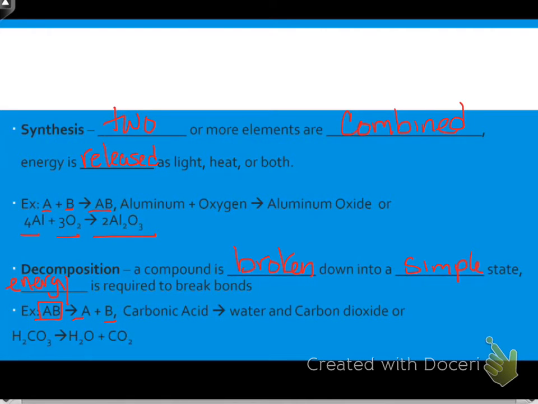Looking at the equation below, if you have carbonic acid, which is H2CO3, and you break it apart, you're going to get water and carbon dioxide as the 2 byproducts, or the 2 separate compounds.